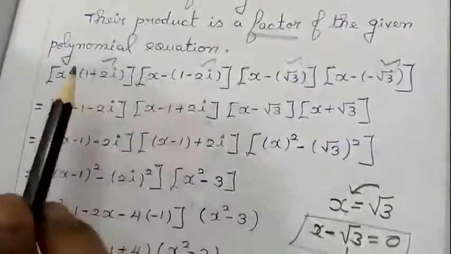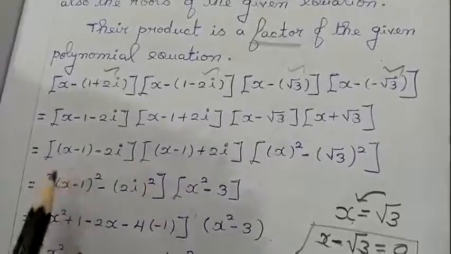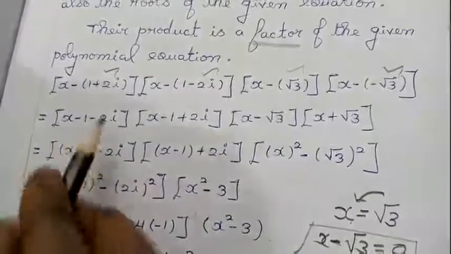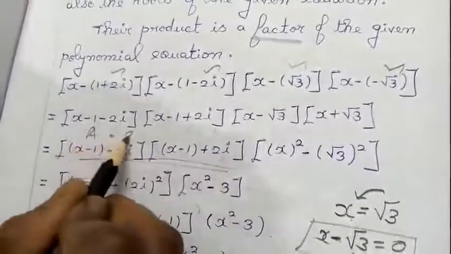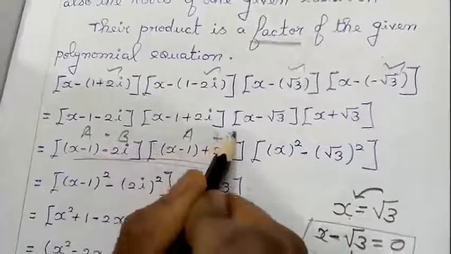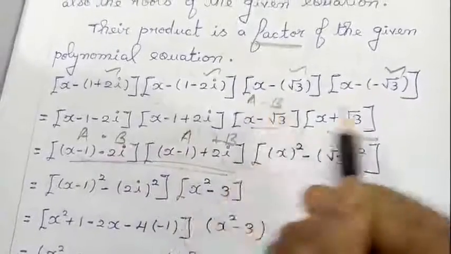In which combination I am going to do a simplification, I am going to arrange the values in such a way. I am going to take this pair, that is of the form a minus b, a plus b, and here also I have the form a minus b, a plus b.